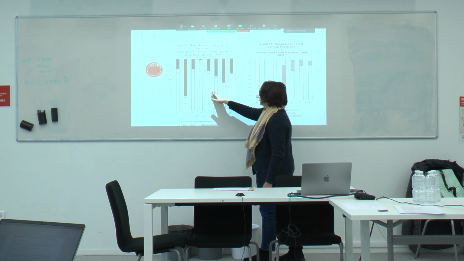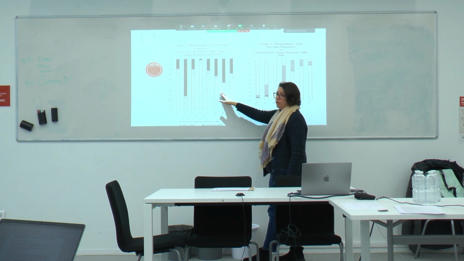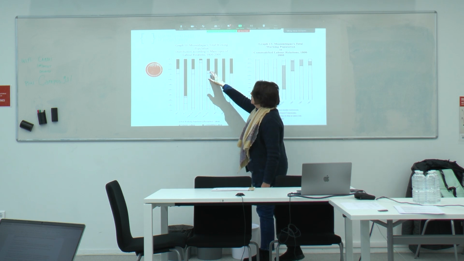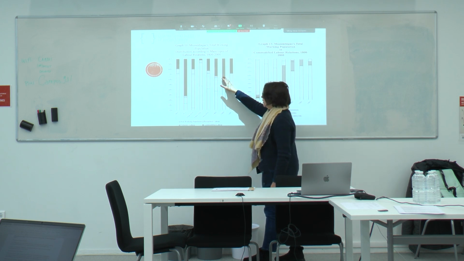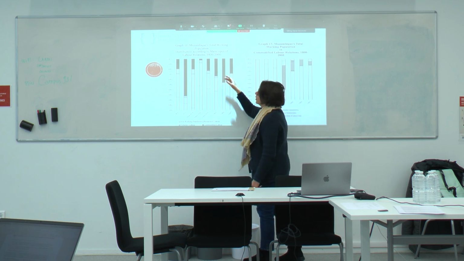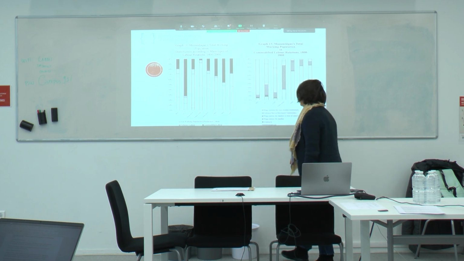But over time, you see a decline in the people working for the household, while at the same time you see an increase in the number of people that work in commodified labor, being commodified labor for the market or commodified labor for the public sector.